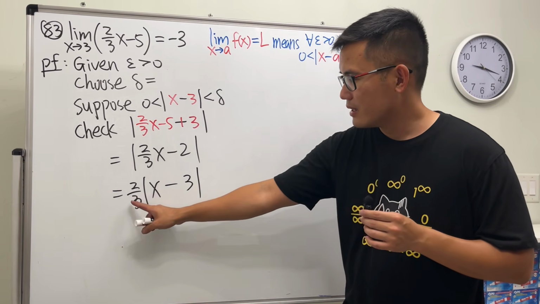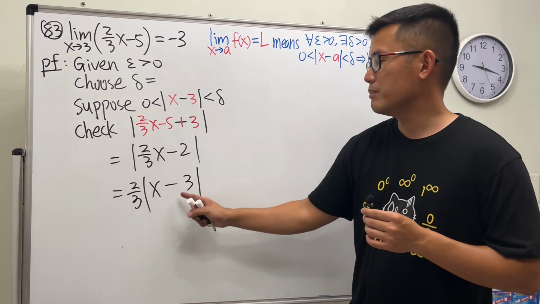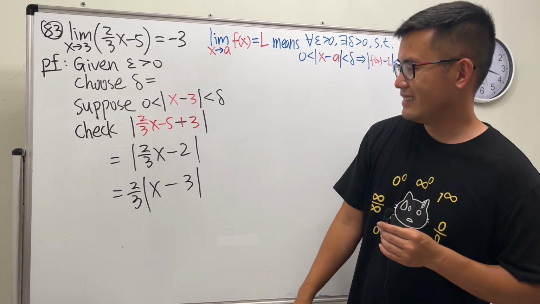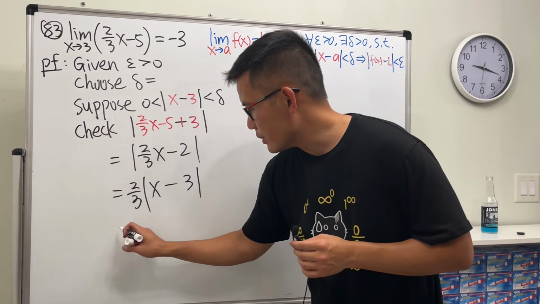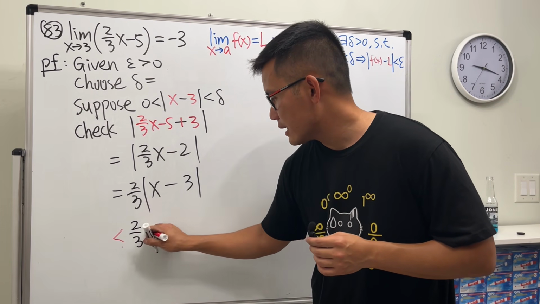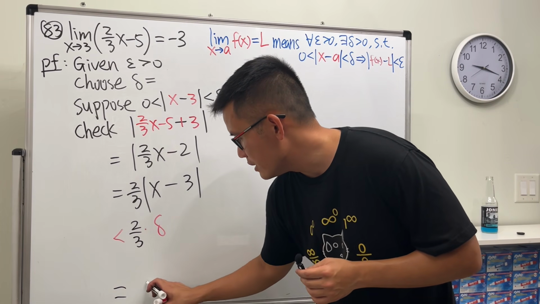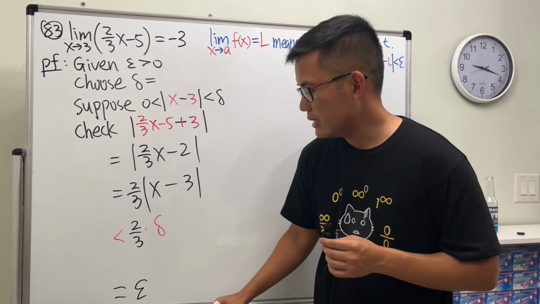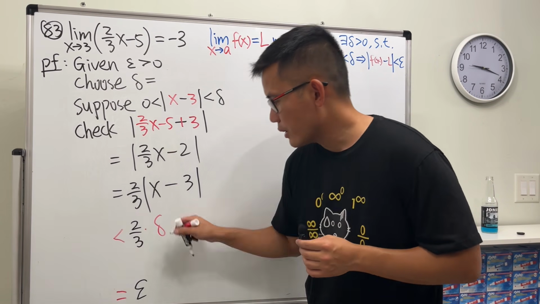Check this out. Distribute back, we get this. This times that 3 cancels, 2 minus. What's this? Less than delta. So we know this right here is 2 over 3 times delta. And at the end, we want this to be equal to epsilon, right? So delta should be equal to what?